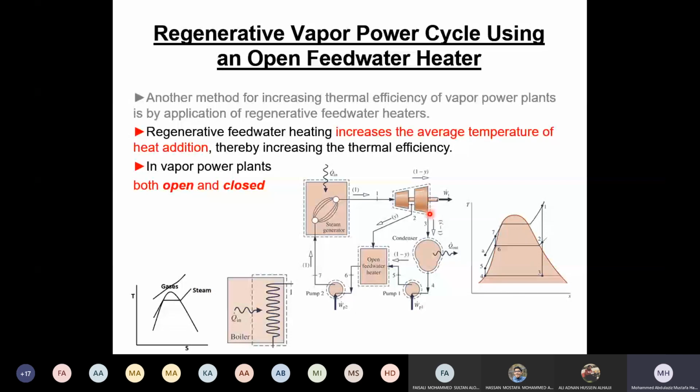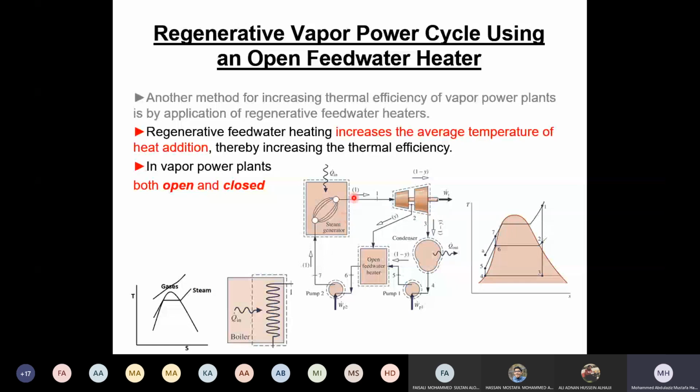It means that the work of the turbine will be less here. We do not go to analysis yet, but it is clear here that if we take some of the steam out, it means that the water or the steam will not continue. As the water is more here, it gives us work. Now we are taking some of that out, so this is reducing the strength of the turbine.